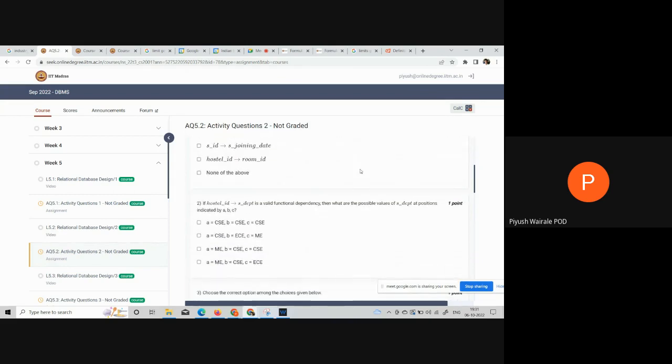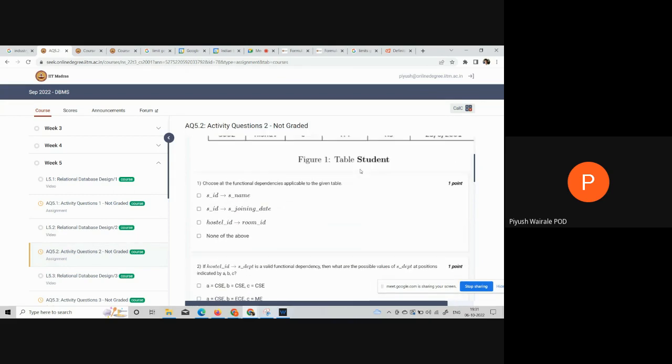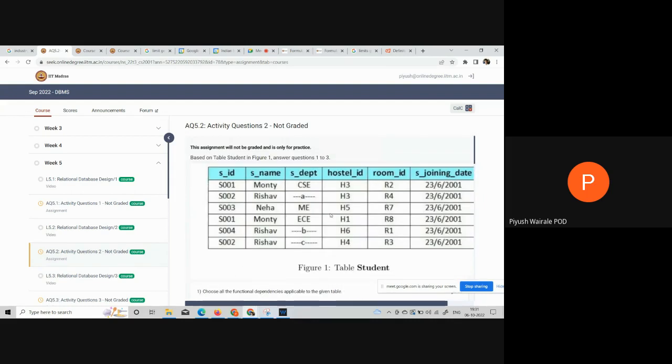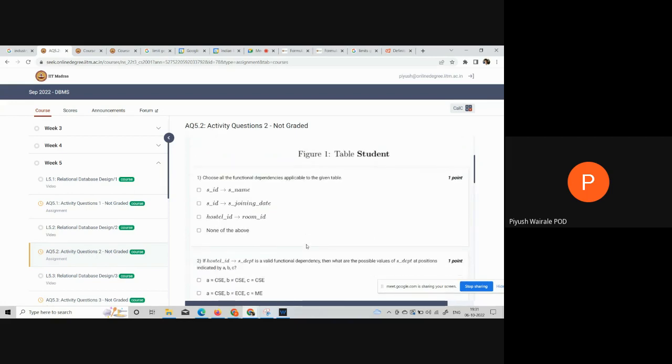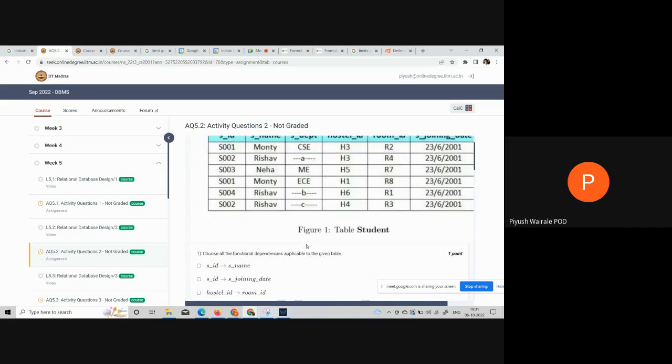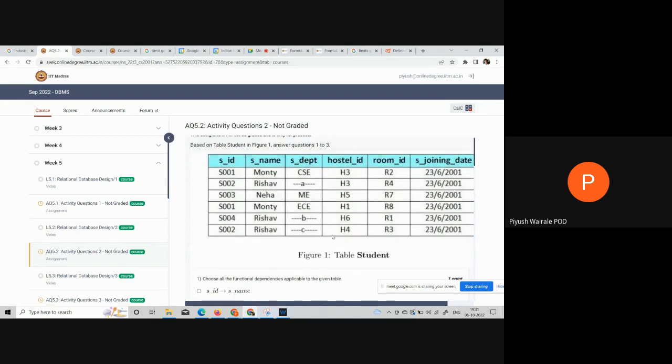Now this is a good question. Suppose hostel ID determines S department, right? Then what are the possible values of A, B, C, if hostel ID determines S department is true? So then A has to be CSE.